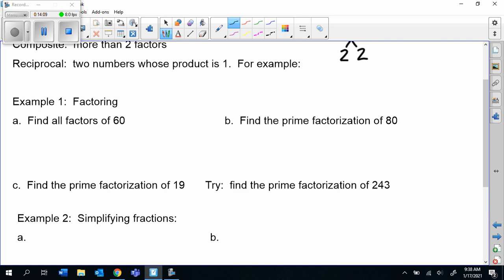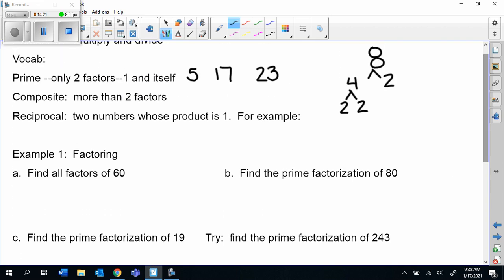Notice the difference in the wording of the instructions. Find all factors of 60 versus find the prime factorization of 80. This right here is known as the prime factorization, where you make this factor tree and you continue to break it down till you can't break it down any further.